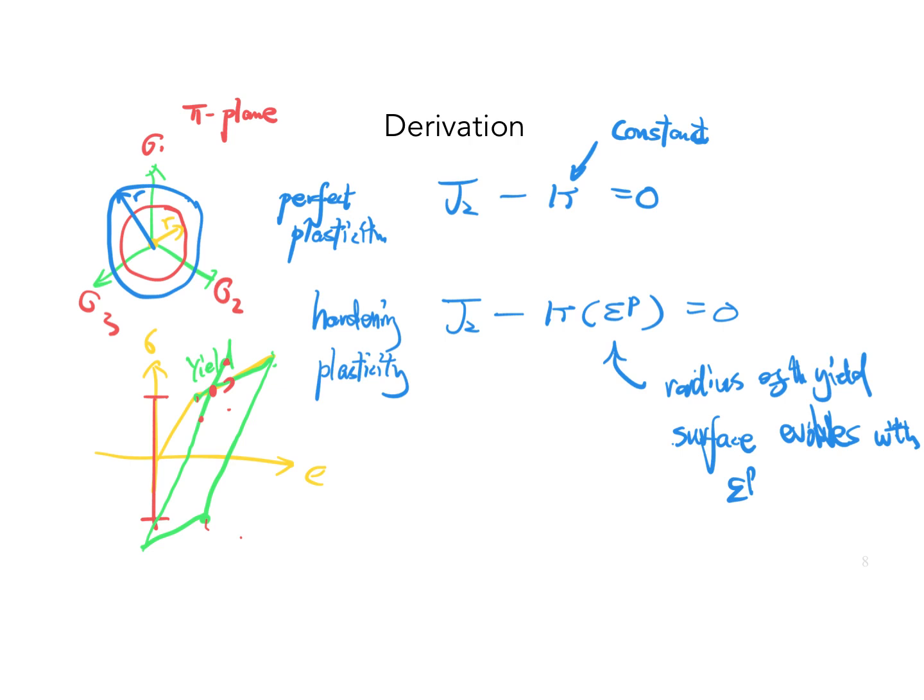So in the former case, this is perfect plasticity, and the yield surface is pinned down on the pi plane. In the hardening case, the yield surface is evolving as I accumulate more plasticity.